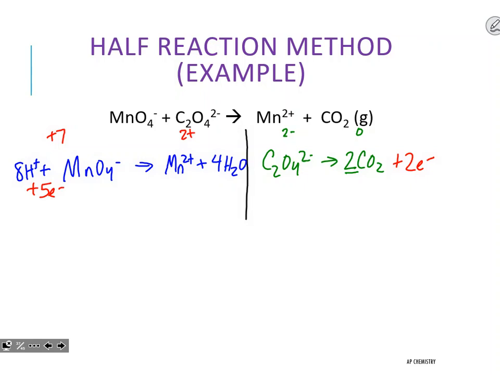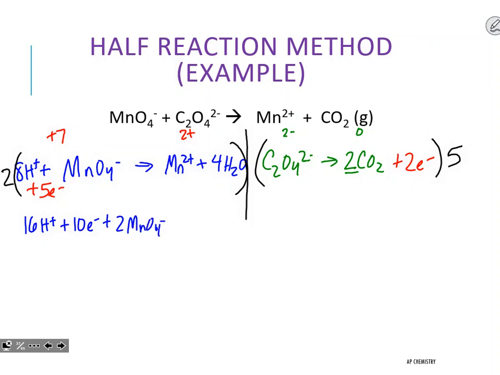Okay? Now we need to balance our electrons because we have a 5-2 thing going on. So we need to go ahead and do least common multiple. This will be multiplied by 2. This one will be multiplied by 5. Okay? Multiply them out, cancel the electrons, and then merge. So this is what? 16 H+ plus 10 electrons.